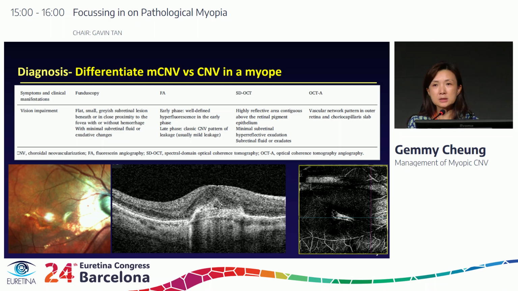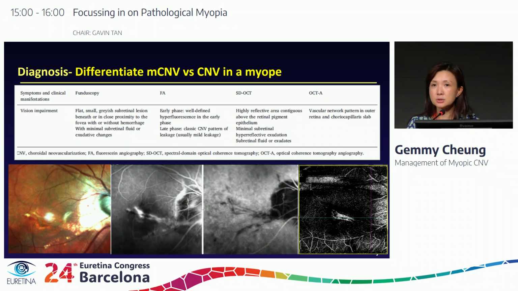And so OCT is really by far the most useful screening tool. We'll talk about the specificity and sensitivity in a moment, but this hyperreflective mound in the outer retina, usually above the RPE, is typical of a myopic CNV. If we were to perform an FA-ICG, these are typically a type 2 CNV that has breached the RPE.